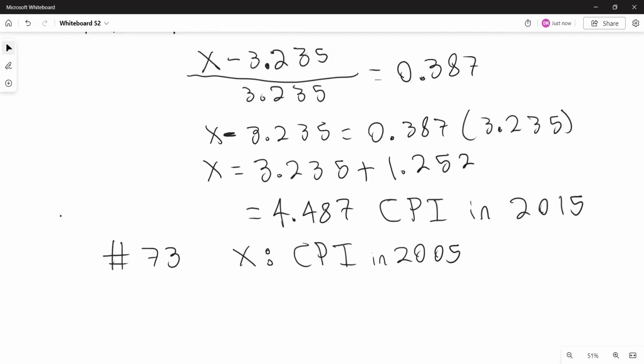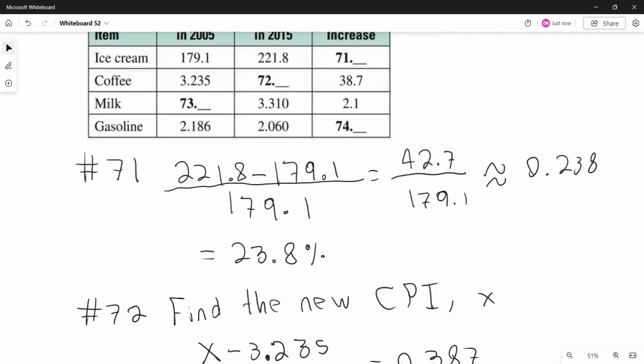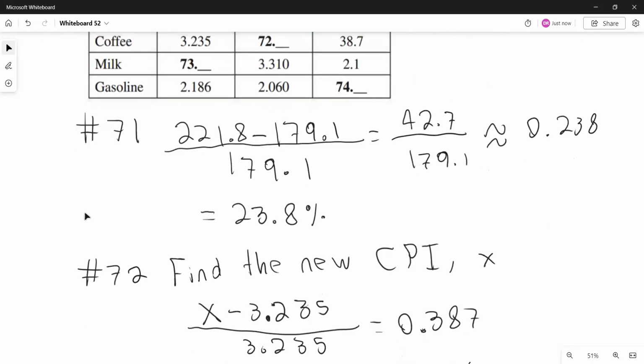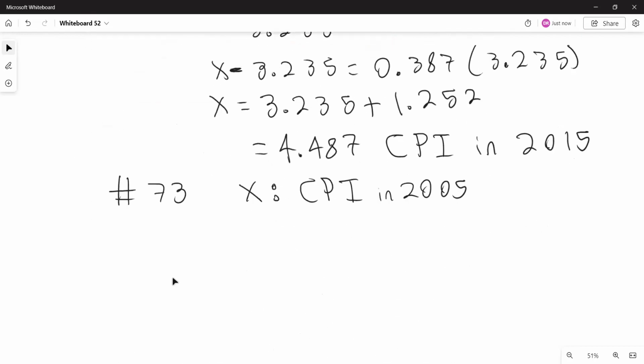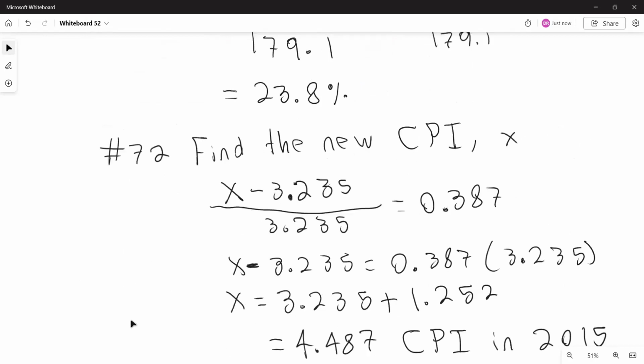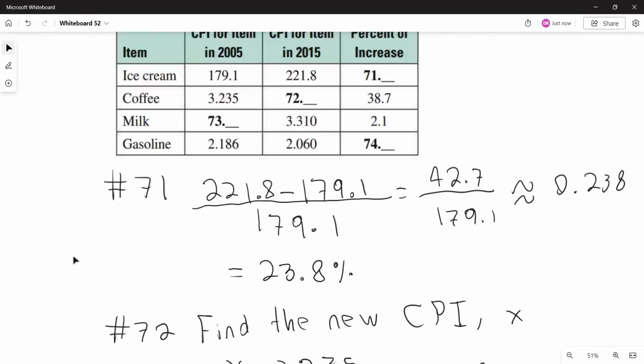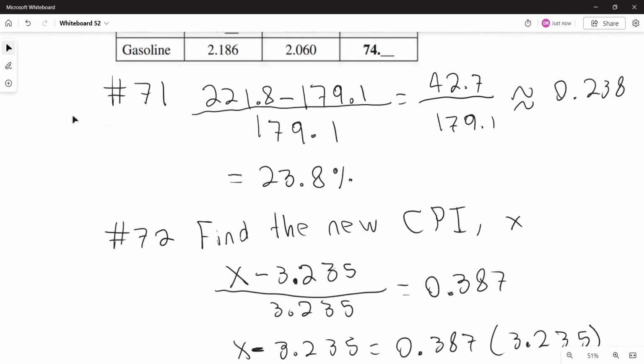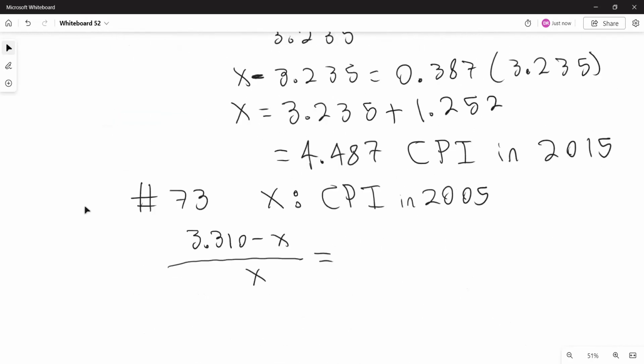The percent of change formula: this is the new CPI, 3.310, minus the base CPI, over the base CPI. And 2.1%, we need to write the percent as a decimal, that's 0.021.